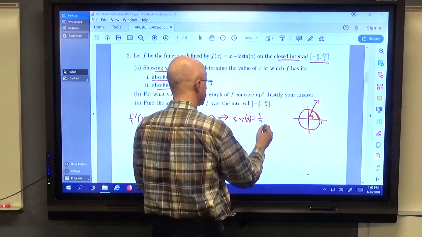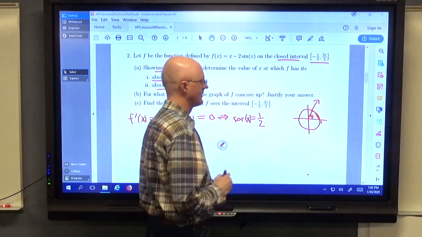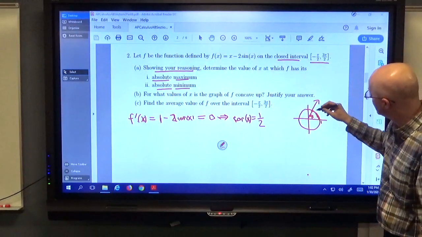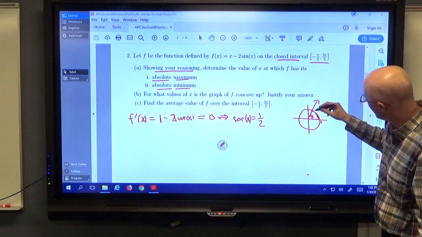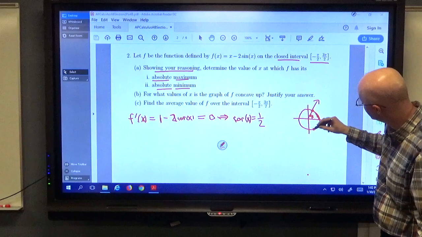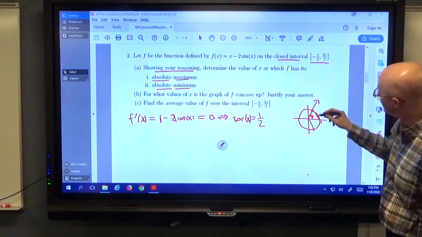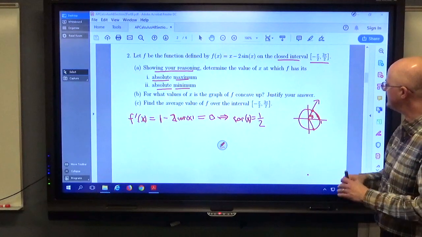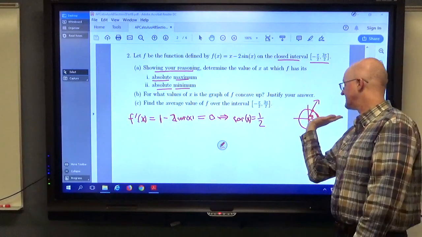Anyway, cosine of x equals 1/2. Again, the cosine is the first coordinate of the point. So we're after an angle where the first coordinate is 1/2, here and down here. The negative of x would be the angle there. Based on memorized values, cosine of 0 is 1.